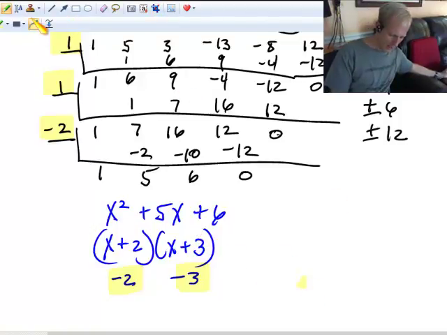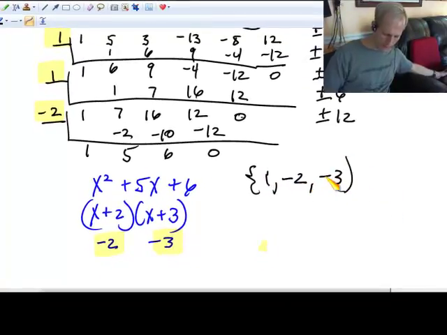Okay, so now I have all my solutions, and I'm going to write them in solution set notation: 1, negative 2, and negative 3. And if I were asked to write the original equation in factored form, I would get f of x, oops, I'm sorry, that was an equation, not a function.